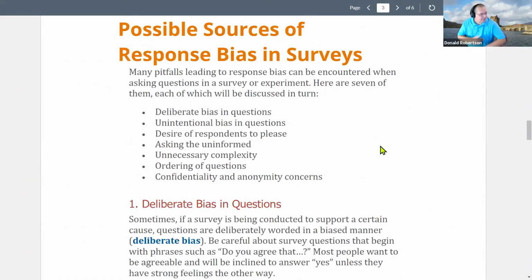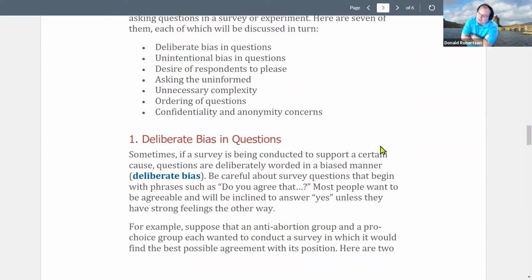And let's look at some other ways in which collecting your data can go astray. Bias. Now, deliberate bias in questions. If you ask a question a particular way, you can change the response that you get.